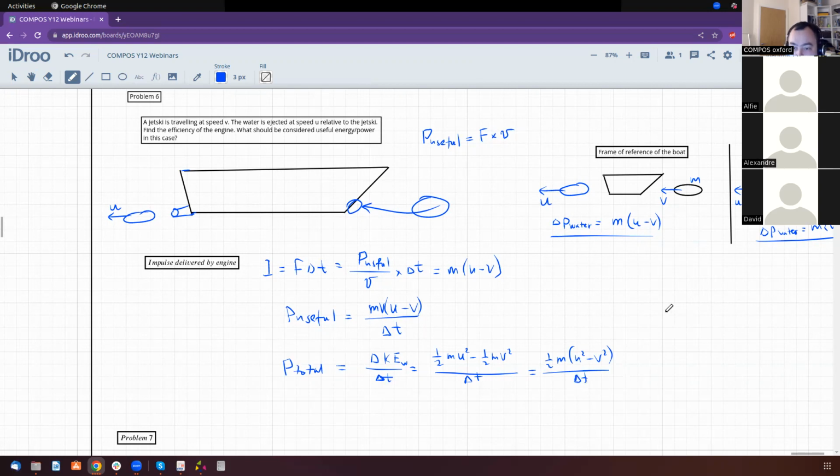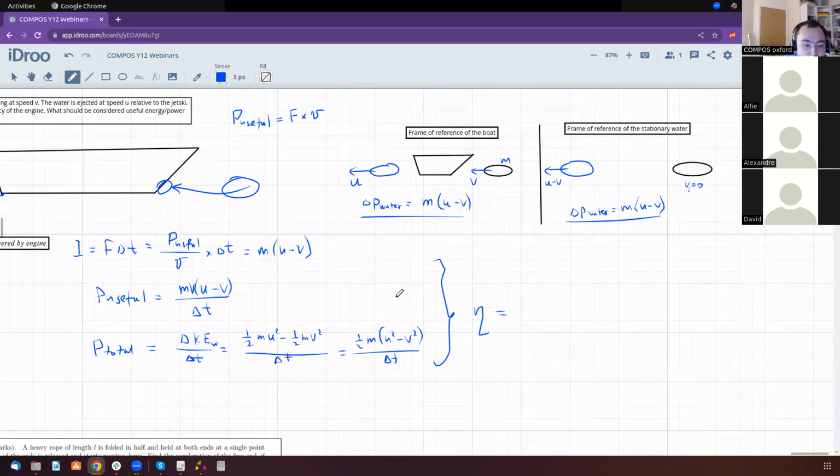And now we find the efficiency. Efficiency is the Greek letter eta, and it's useful divided by total power. So it's m v (u minus v) over delta t, divided by 1/2 m (u squared minus v squared) over delta t.